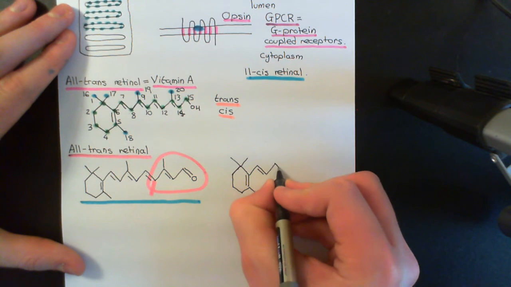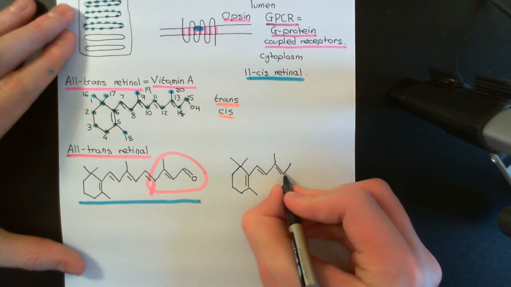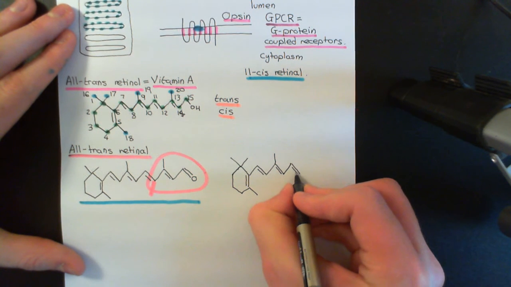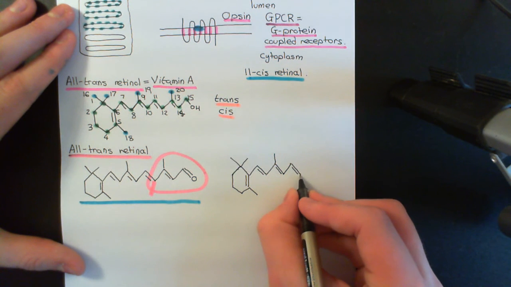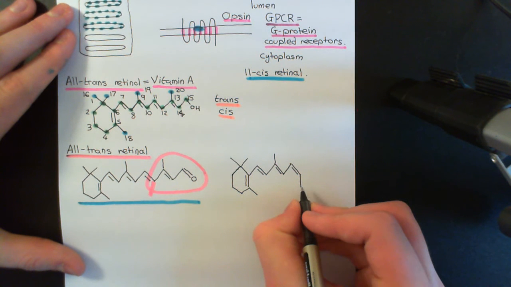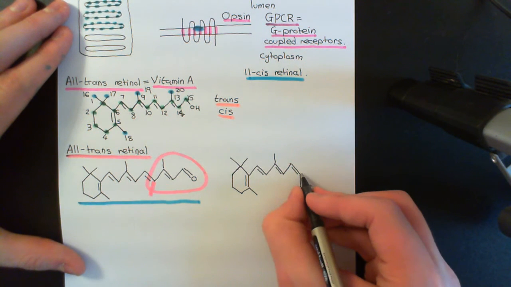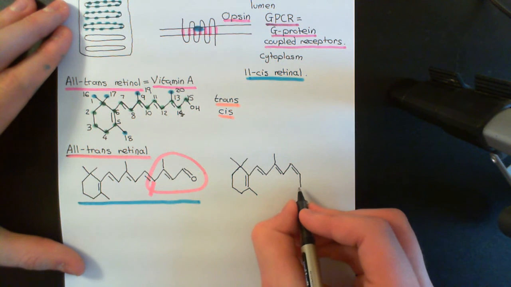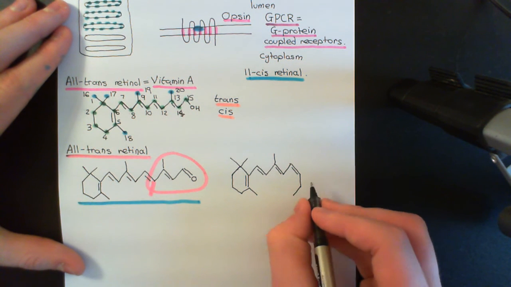Here is carbon 9, double bond to carbon 10. There's the methyl group. Here's carbon 11 and carbon 12. And now what we want is this bit down here to come off like this instead. So here's going to be carbon 13. Okay, we'll have the methyl group coming off carbon 13, of course, and we'll have that coming off down here.